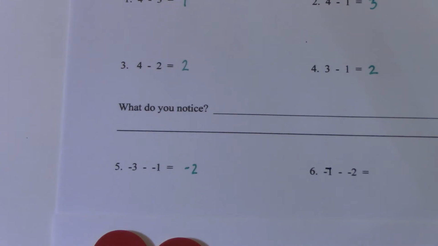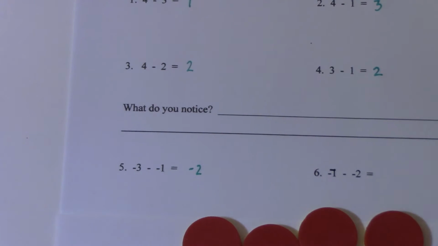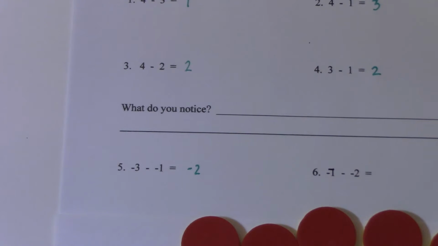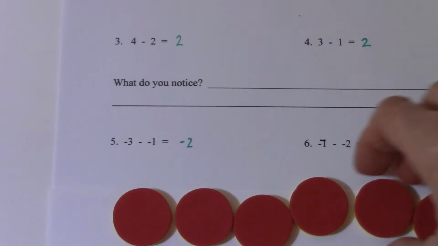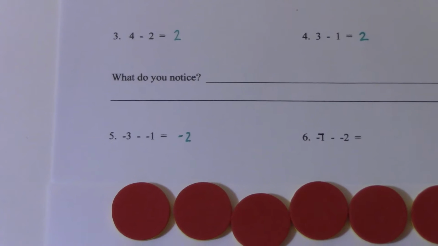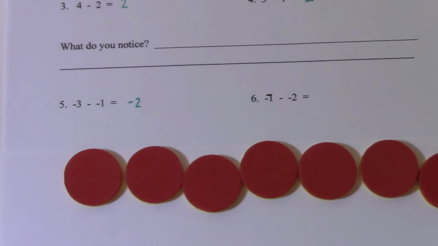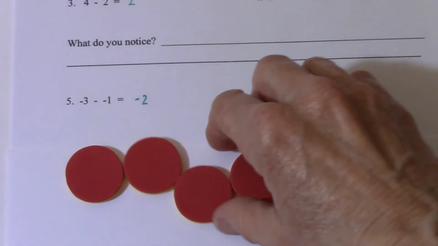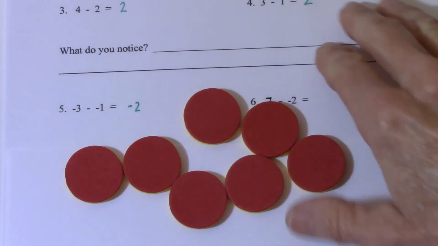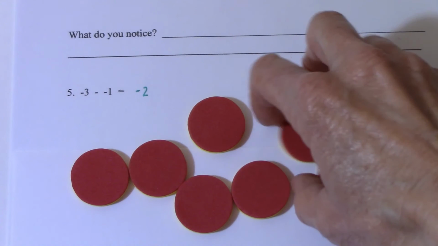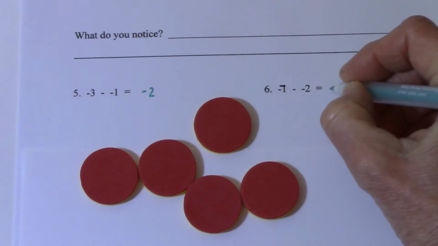The next question, I have -7, and I'm going to take away 2. There's -7, and I'm going to take away 2, and that leaves me with 5 negatives, or -5.